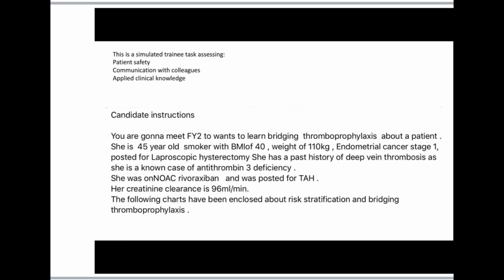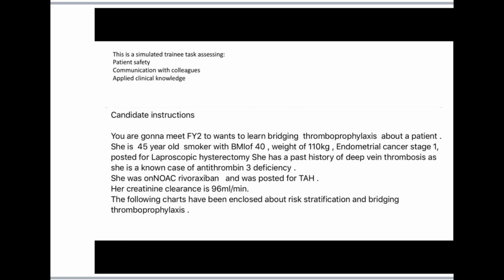So you may see a patient who is taking an anticoagulant and coming to you for pre-operative assessment, and you need to do the bridging thromboprophylaxis for her. Okay, so that's the principle we work on.